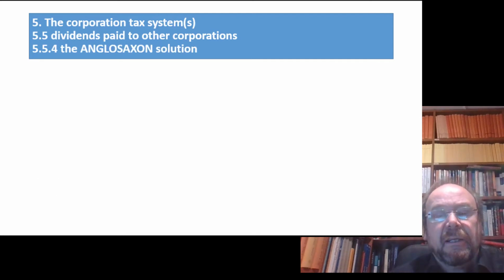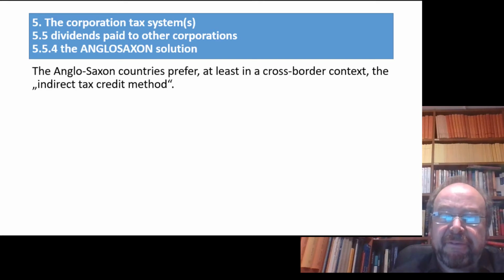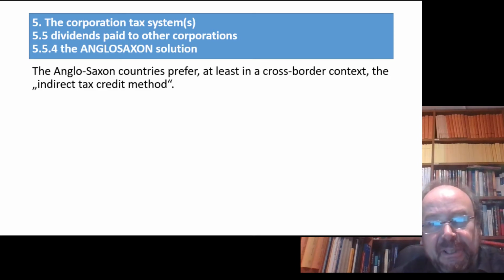So the German solution here with the dividends is rather plain and simple. It has a very good outcome. Everything seems to be fitting. The Anglo-Saxon countries prefer, at least in a cross-border context, the indirect tax credit method.